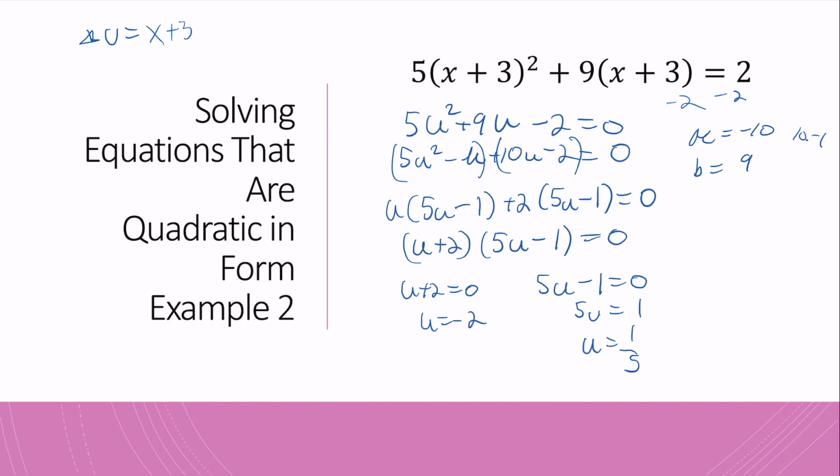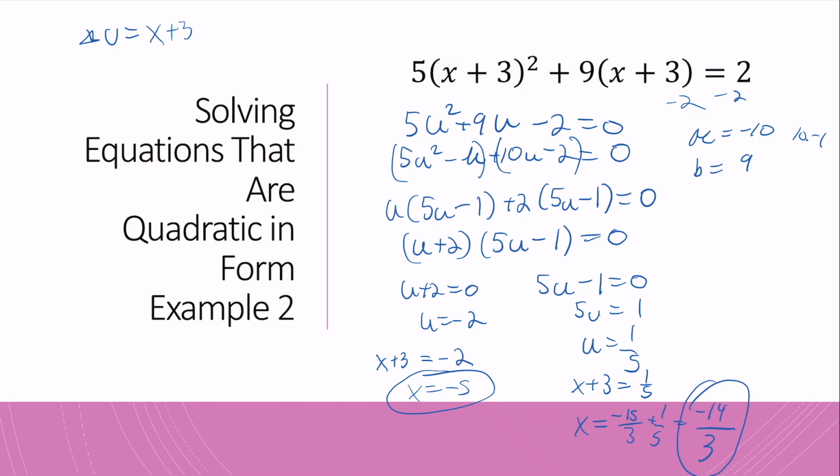I then can go ahead and substitute in my x plus 3 for u. So I have x plus 3 is negative 2, so x is negative 5. And I have x plus 3 is 1/5, so x is negative 15/5 plus 1/5, which is negative 14/5. Those would be my two x values.